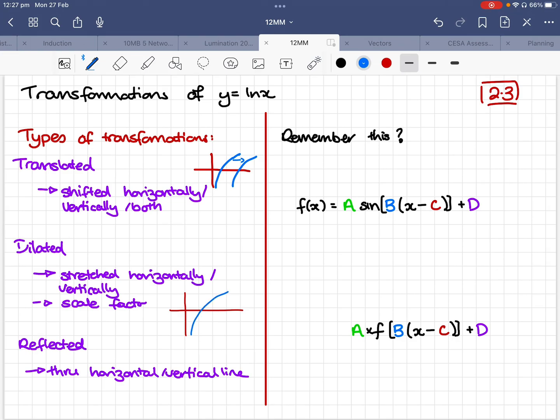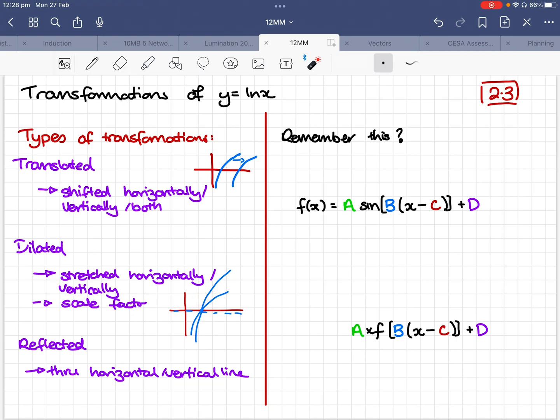If we're stretching it vertically, then we're stretching it around the x-axis. So this point here that's on the x-axis is going to stay put, but everything's going to be 3 times as far away. Everything is 3 times as far from the x-axis, or 1/3 the distance on the y-axis, or something like that.